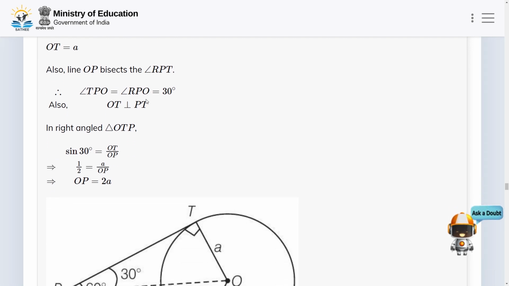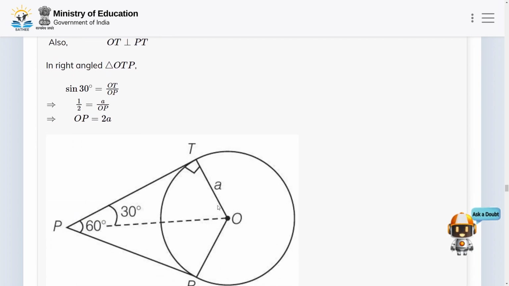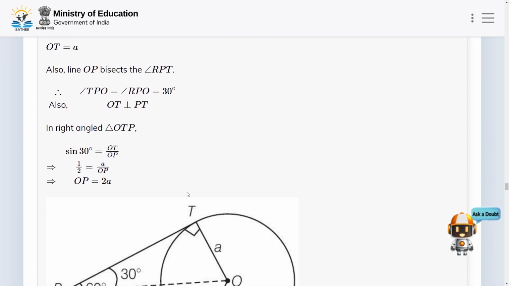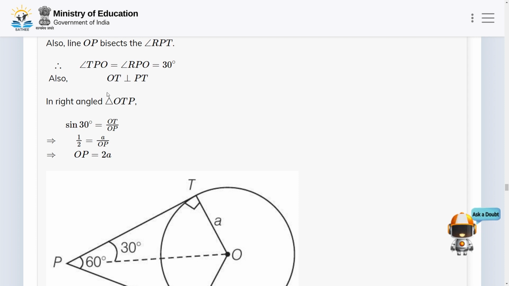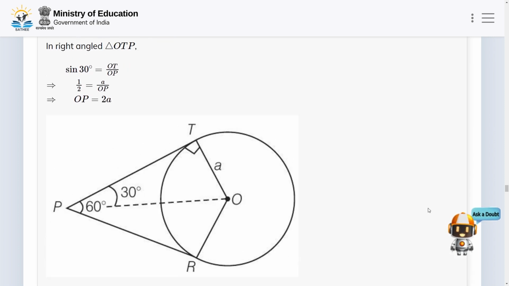Here OT is A and OR is also A. Line OP bisects the angle RPT, and therefore angle TPO and angle RPO are equal to 30 degrees. Also OT is perpendicular to PT, so this angle is 90 degrees. So OTP is a right angle triangle, and sine 30 degrees is equal to OT by OP, which implies 1 by 2 is equal to A by OP, and it implies OP is equal to 2A.